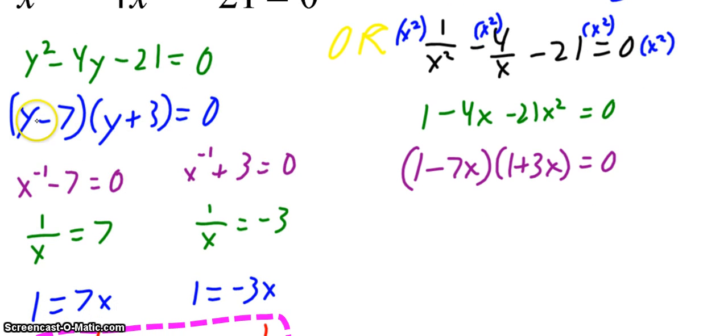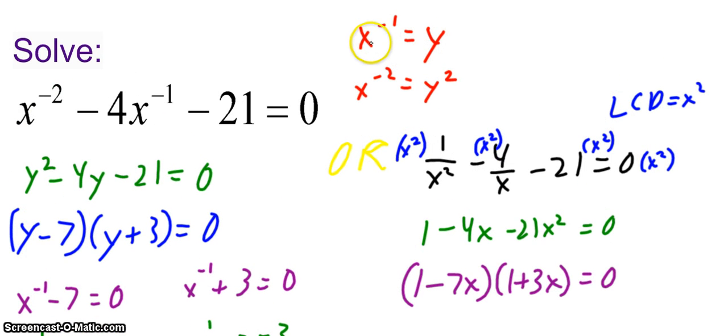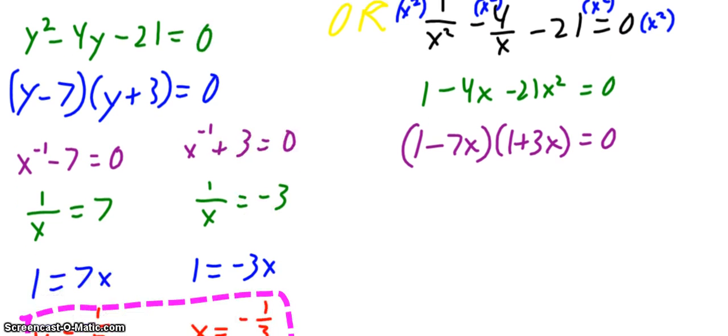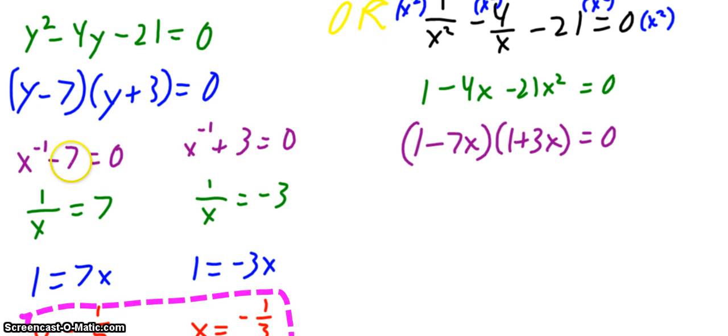Now, when I set each factor equal to 0, I substituted back in for y. Remember, y was x to the negative first. So x to the negative first minus 7 equals 0, and x to the negative first plus 3 equals 0. Now I can rewrite x to the negative first as 1 over x. Remember, that's what negative exponents do: we can rewrite them as positive by putting 1 over the value being raised to the exponent.